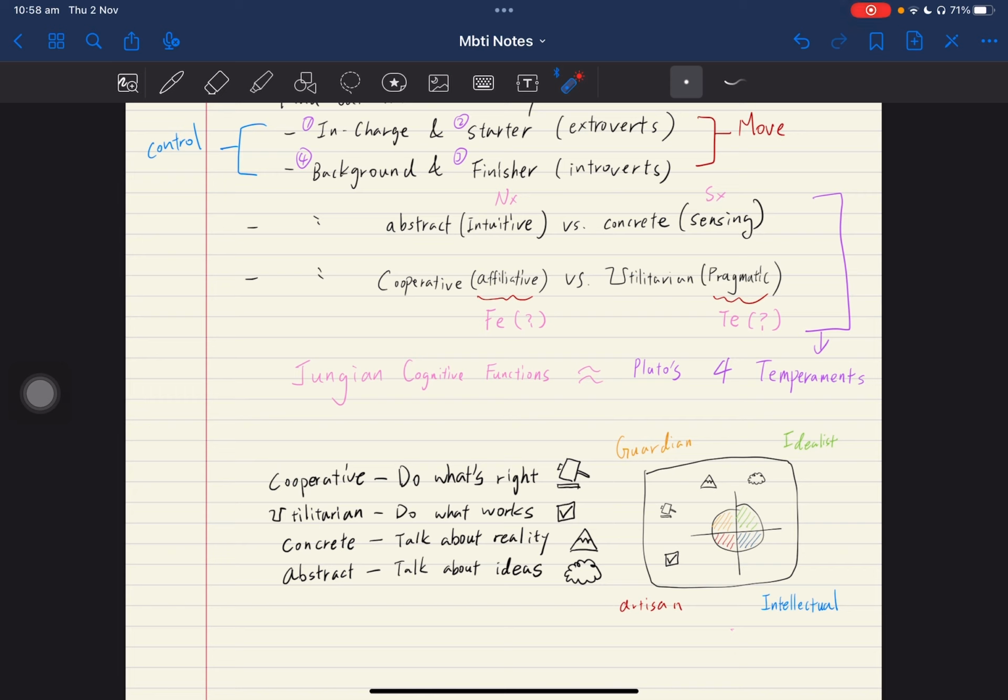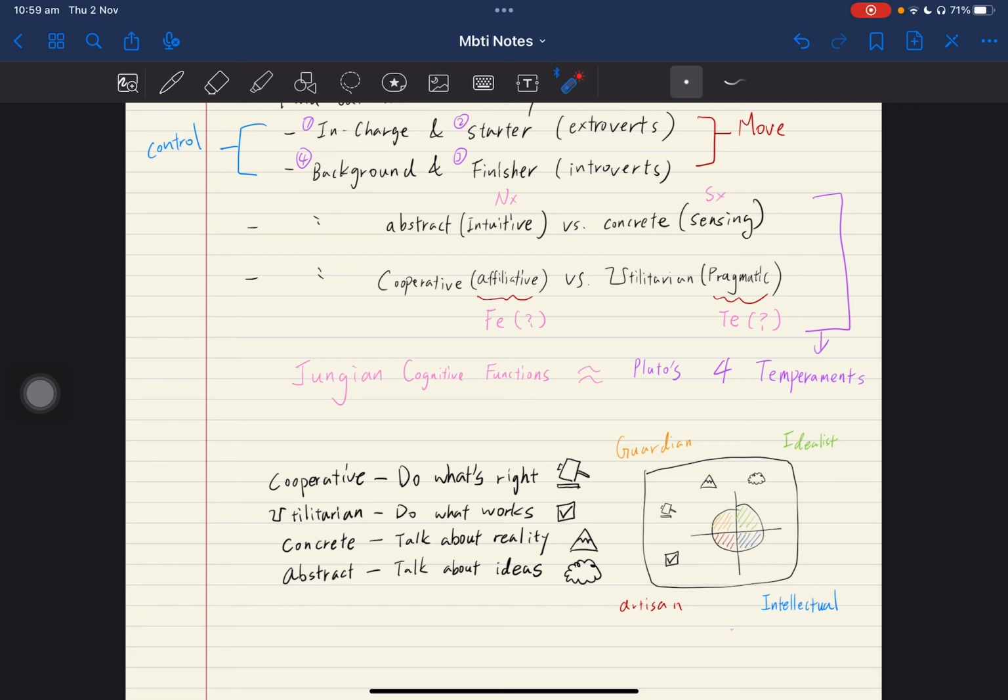The next thing is Plato's 4 temperaments, because the 4 temperaments are also doing the same thing, but in a different way. If you look down here in the table or the graph below, the cooperative is about doing what is right, utilitarian doing what works, and concrete talks about reality, and the abstract talks about the ideas.